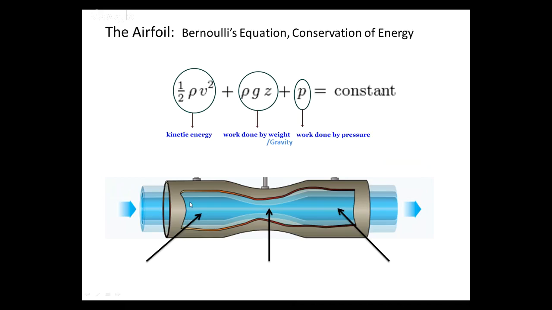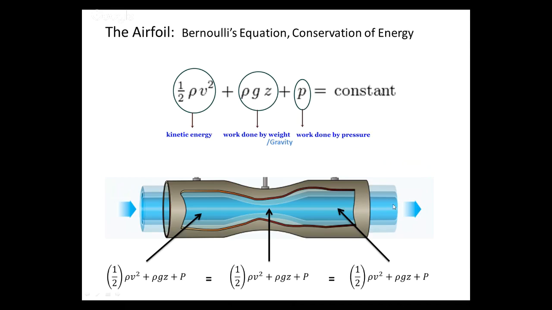This section to the left, the constriction, or the section to the right. This energy equation will stay constant the entire time. So you can say that kinetic energy plus gravity plus pressure here equals kinetic energy plus gravity plus pressure here, and it also equals here.